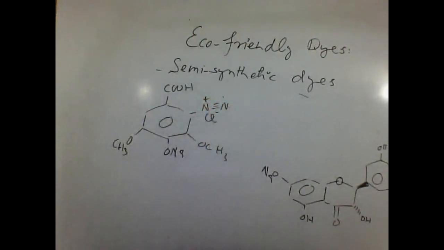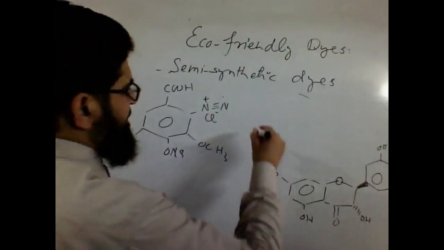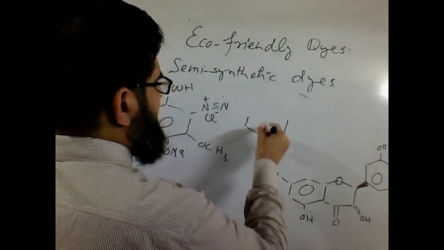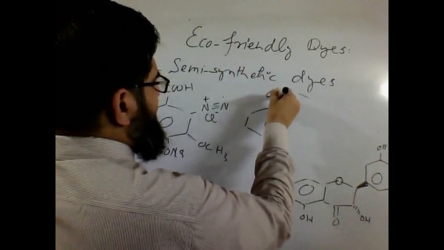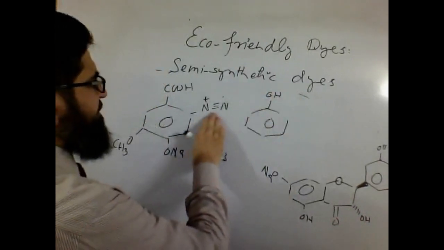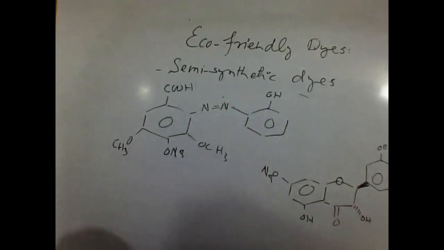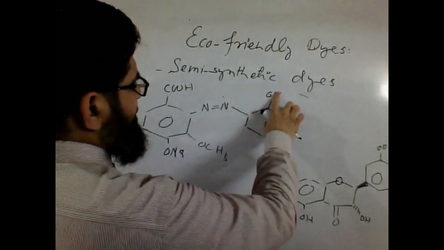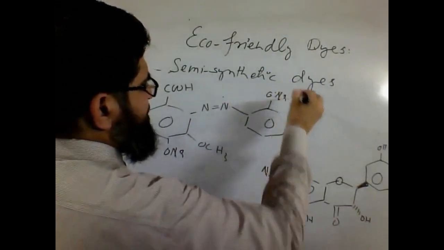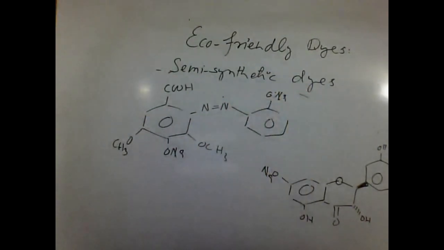Then you can bring in any other coupler. Let's say we have brought in phenols, so we can generate this type of azo dyes again. So it's an azo colorant, an azo dye, we could convert it into its corresponding salt, so we would have this sort of product.